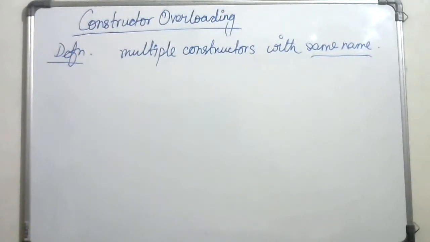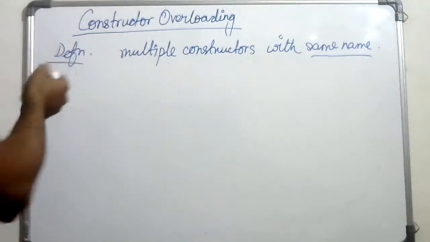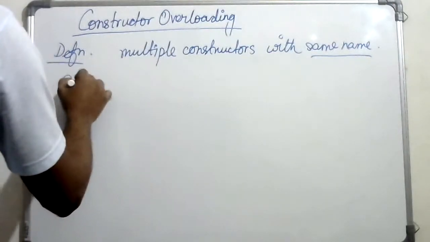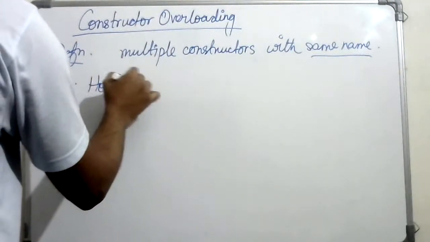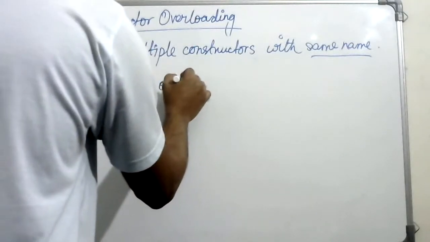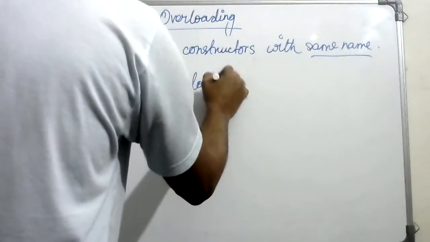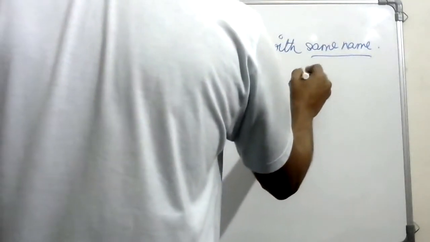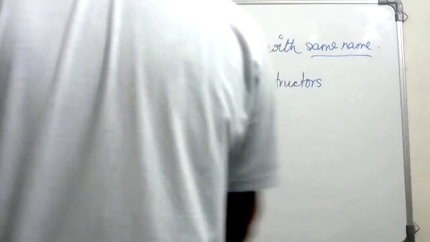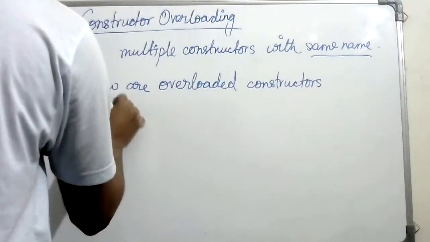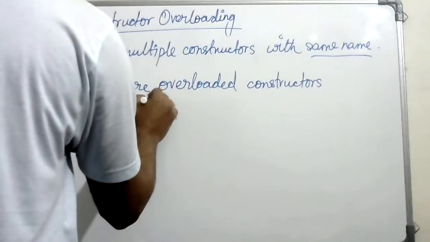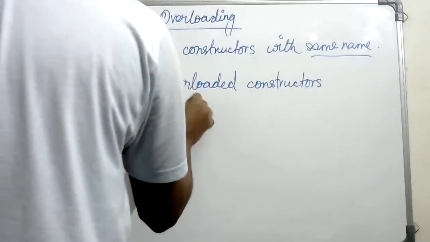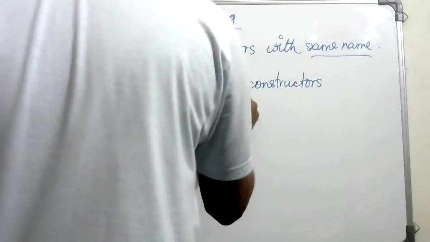The only way to differentiate between which constructor will be called and which will not, as in how the compiler differentiates, poses another question: how are overloaded constructors differentiated by the compiler?